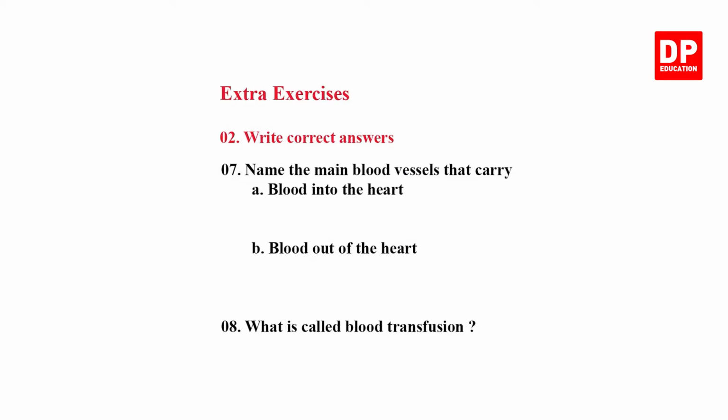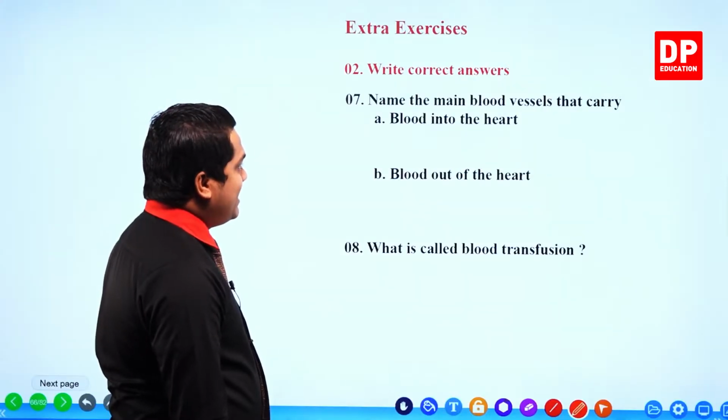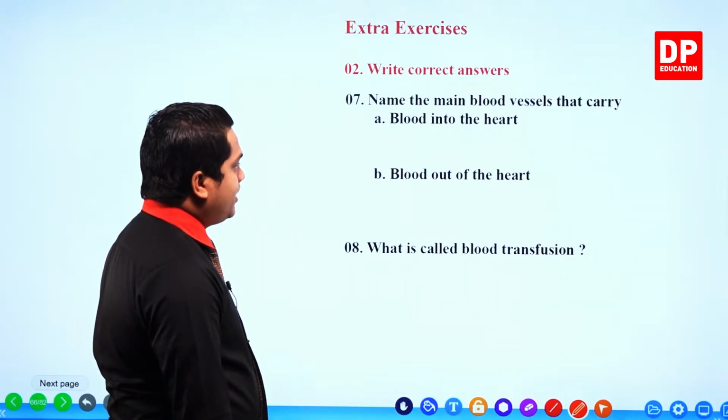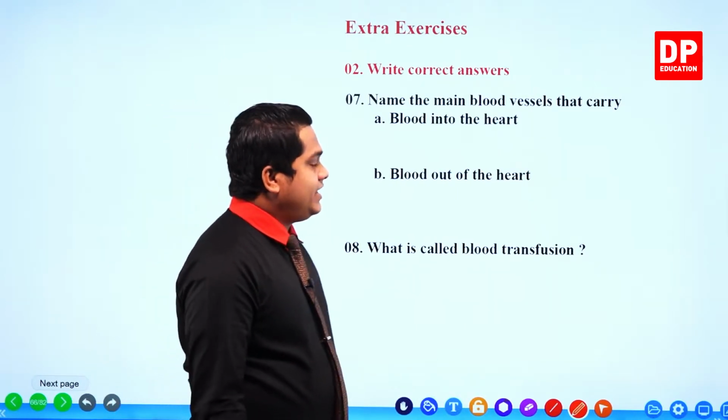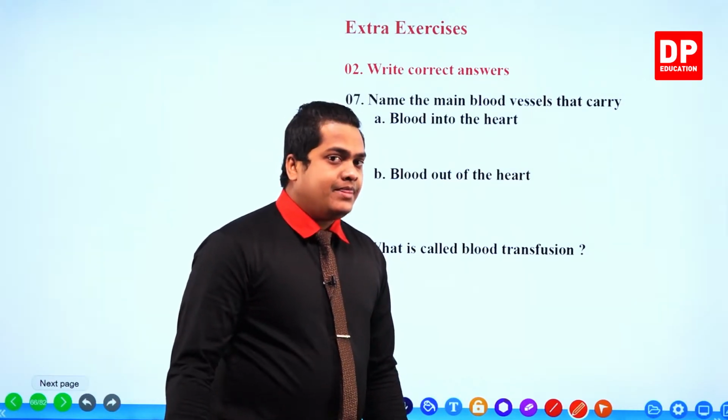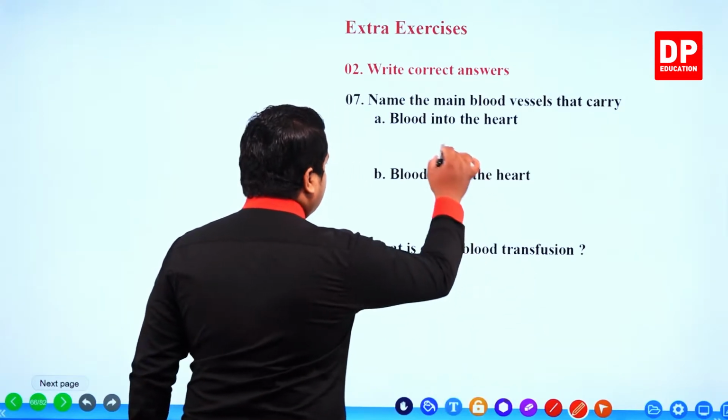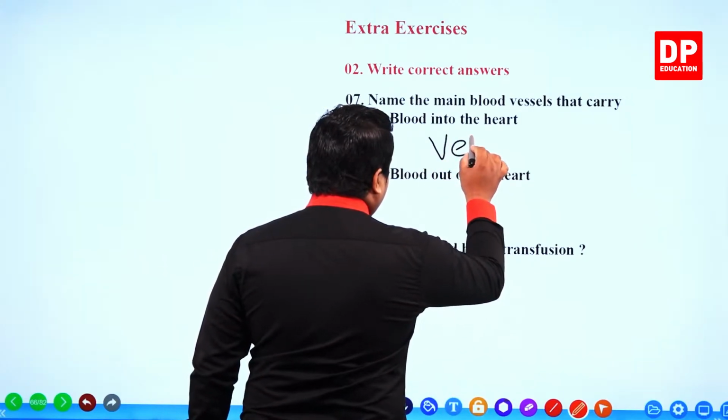Question number 7. Name the main blood vessels that carry blood into the heart, and out of the heart. If the blood is carried into the heart, then these are called veins.